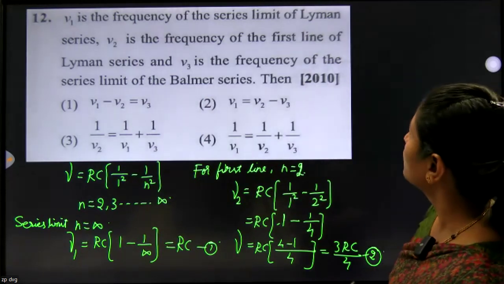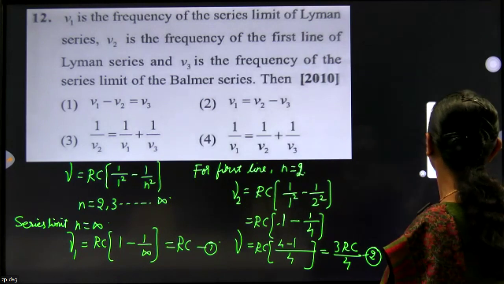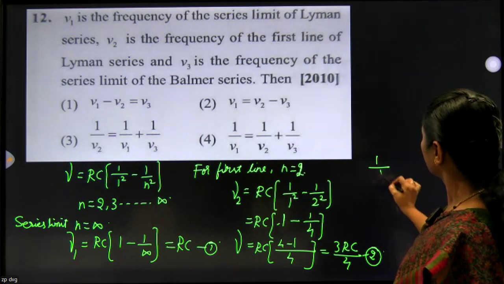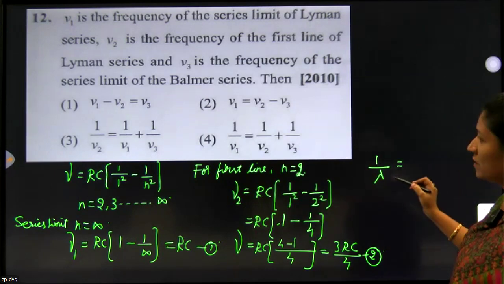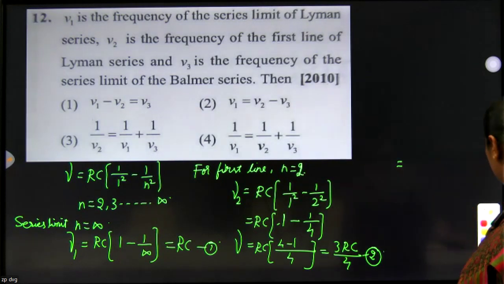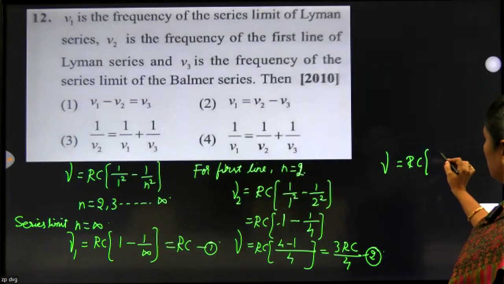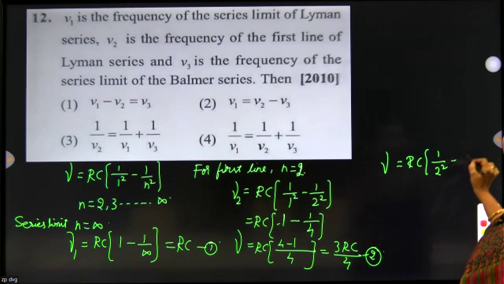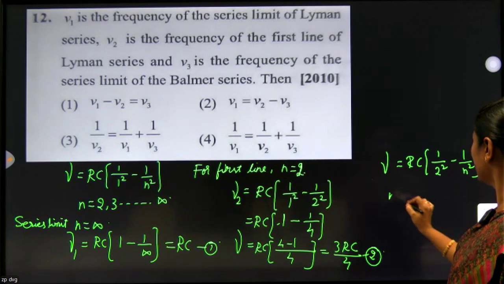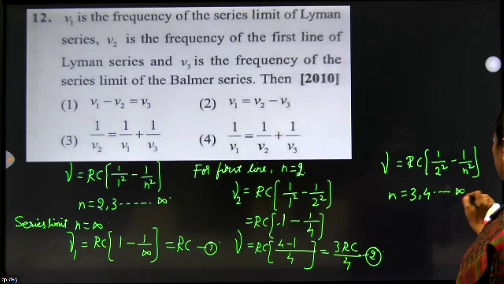Next, nu3 is the frequency of the series limit of Balmer series. We know the Balmer series Rydberg's formula: frequency is RC into (1 by 2 square minus 1 by n square), where n is equal to 3, 4, up to infinity.